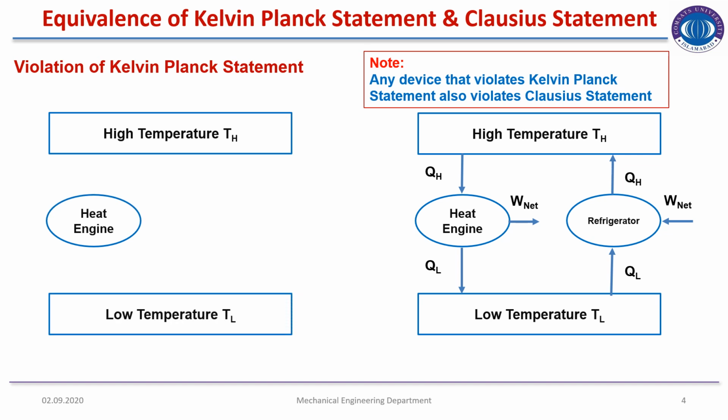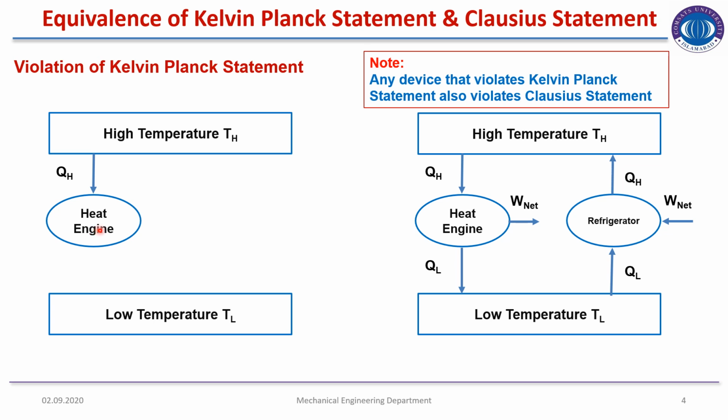So two thermal energy reservoirs, one at high temperature and second at low temperature. High temperature thermal energy reservoir TH and low temperature thermal energy reservoir TL. So we have a heat engine. The function of heat engine is to produce work.